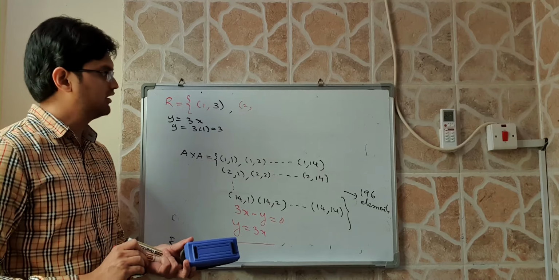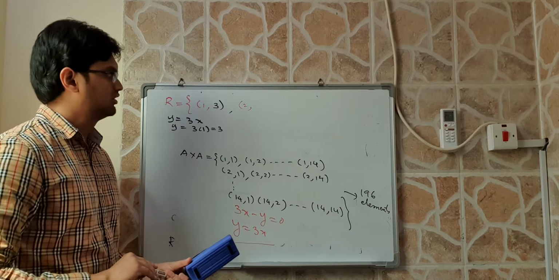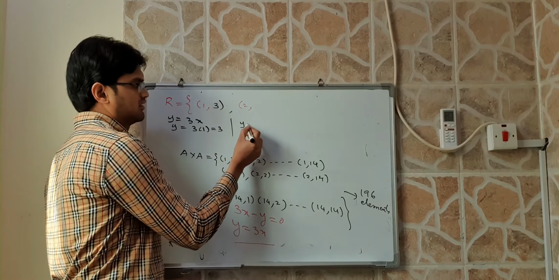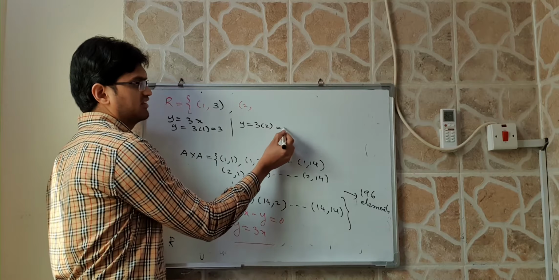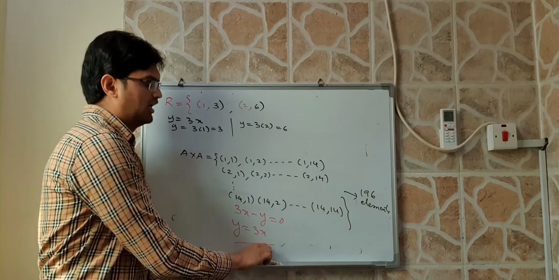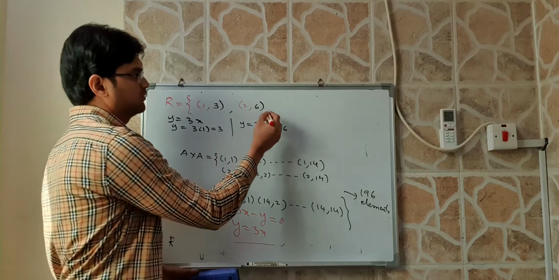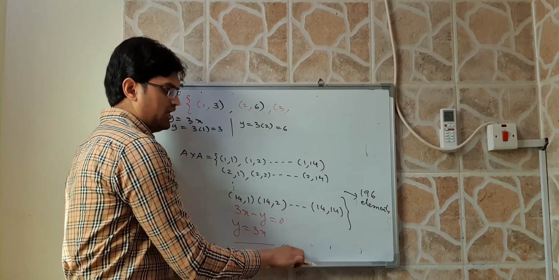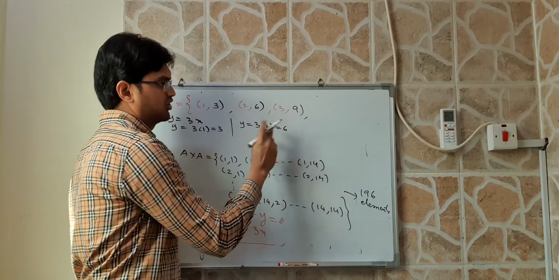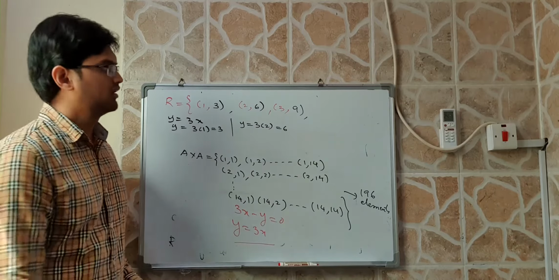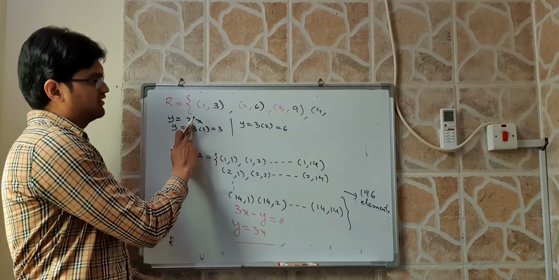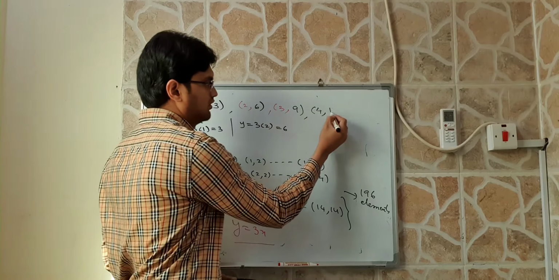Then y is 3 into 2, which is 6. Similarly, x equal to 3 gives (3, 9), because 3 into 3 is 9. For x as 4, y is 3 times 4, which is 12.